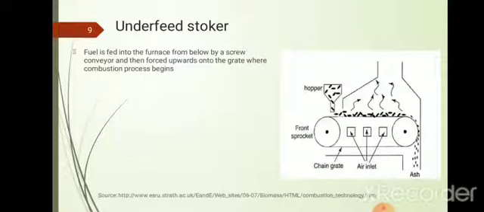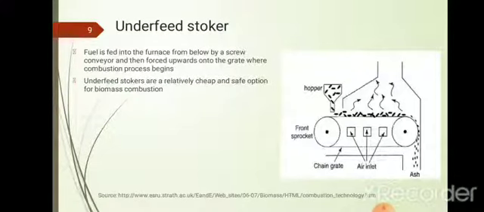You can see there is a hopper through which our biomass is fed into the combustion system, and this biomass will fall on a sprocket or a screw conveyor continuously moving with the help of some chain systems, and this will move towards the right, and we will apply the air supply through the bottom.